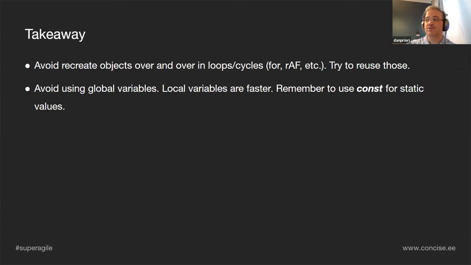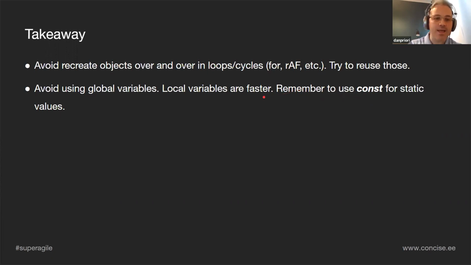Local variables are faster. Remember to use const for static values. You might know why we use const, right? Because they are static values. But some people don't know how we proceed inside the engine. With const variables inside the machine code, it will translate to the real value instead of the variable.